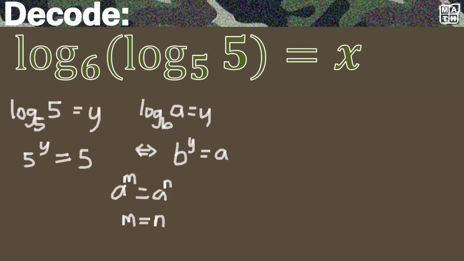So you have a to the power of m, a to the power of n, same bases, take out the exponents and they should be equal. Here we know that 5 has exponent of 1, which tells us that the value of y is equal to 1. But this is not yet the final result, for this is just a representation of the first logarithmic equation, which is the inner of the two.